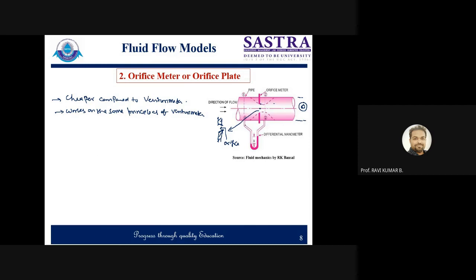A differential manometer we usually use because we want to measure the pressure at two different sections at a distance of 1.5 to 2 times the diameter of the pipe. So this location is basically 1.5. We can say the differential manometer will be used at a distance of 1.5 to 2 times the diameter of the pipe.